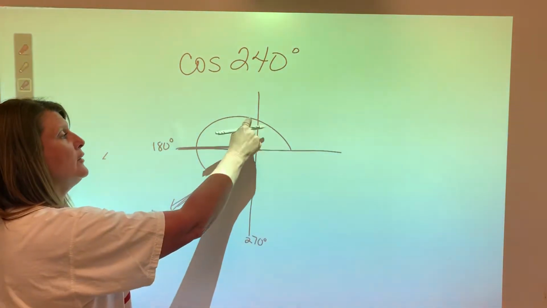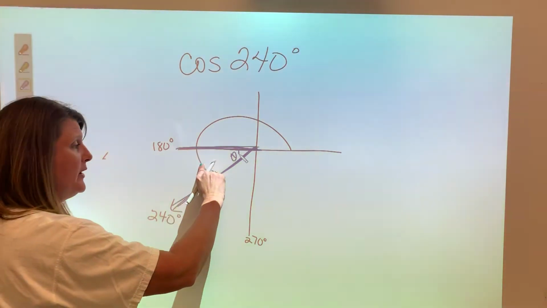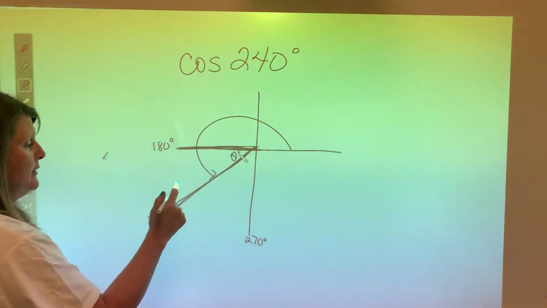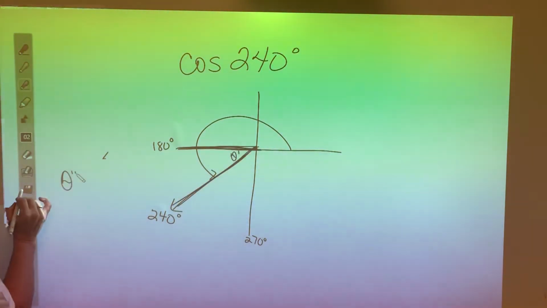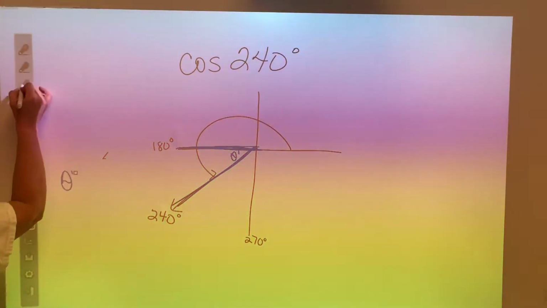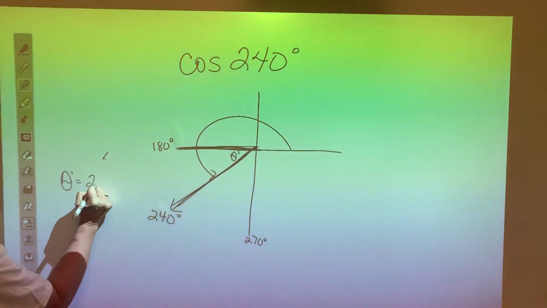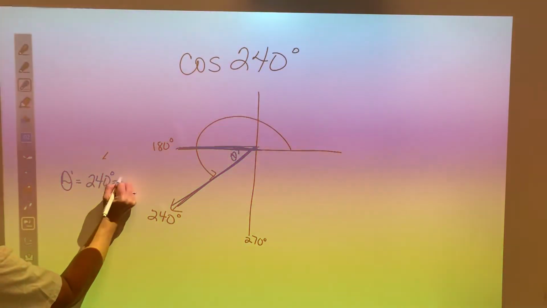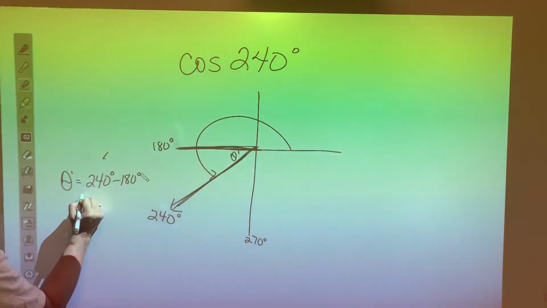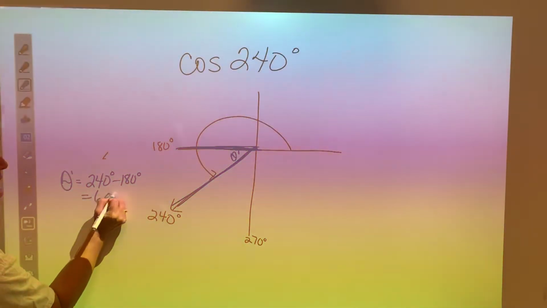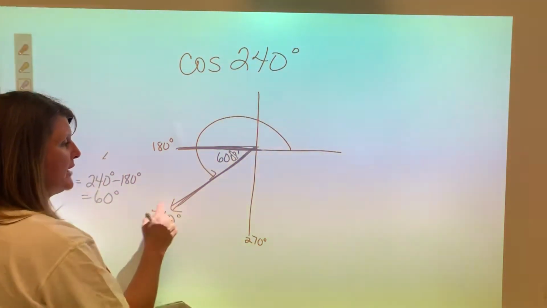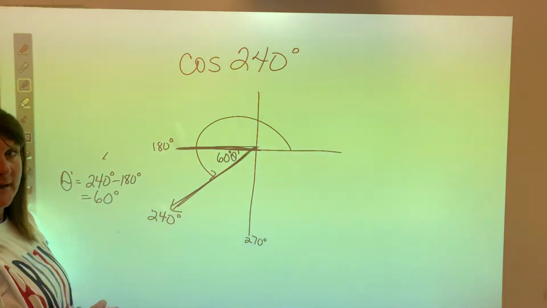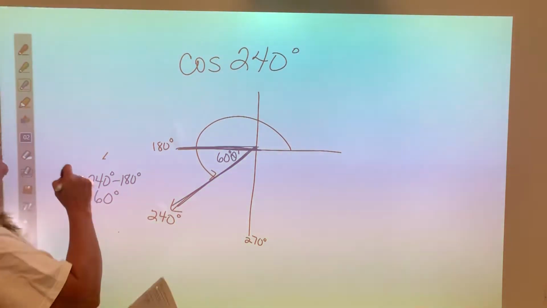So if I crossed 180 and I went further to 240, then the reference angle will be 240 minus 180, which is 60. So this is actually a little 60-degree angle right there, okay? So your reference angle is 60 degrees.